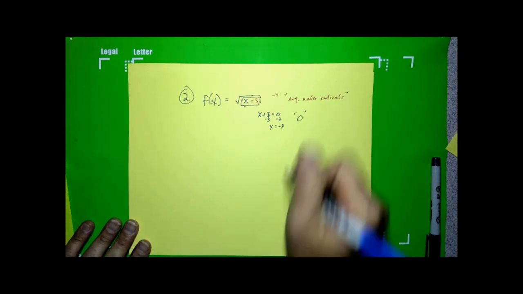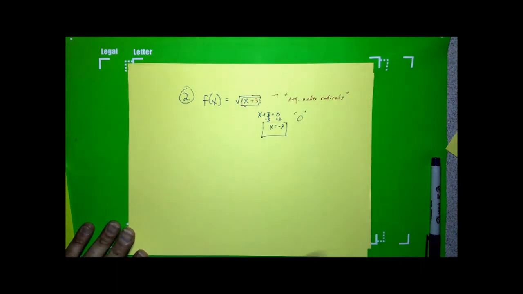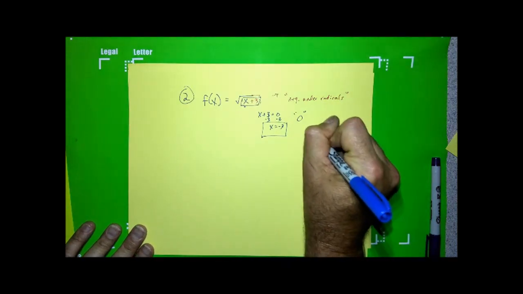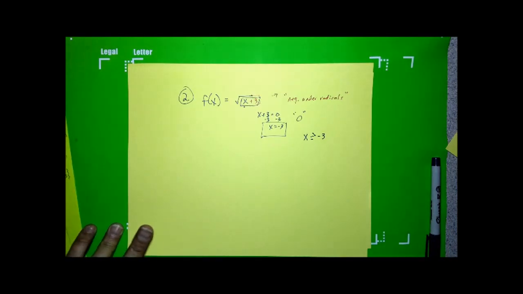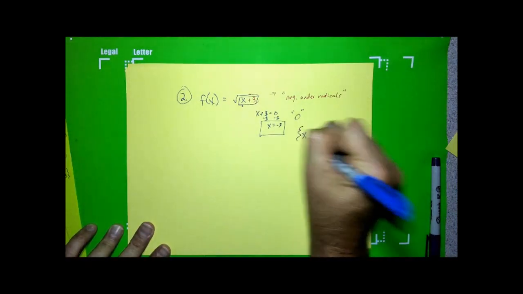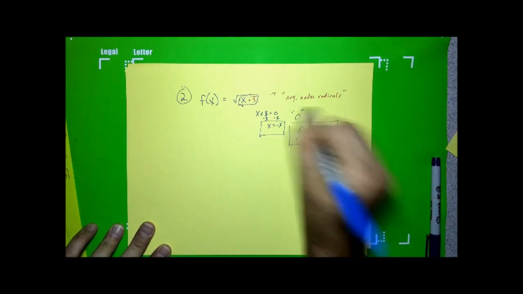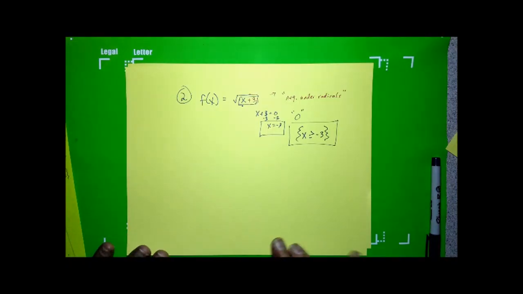But this gives me my little border here. It tells me exactly where the breaking point is for this function. In other words, as long as my x values are greater than or equal to -3, then this absolutely works. That's a domain that works for me.